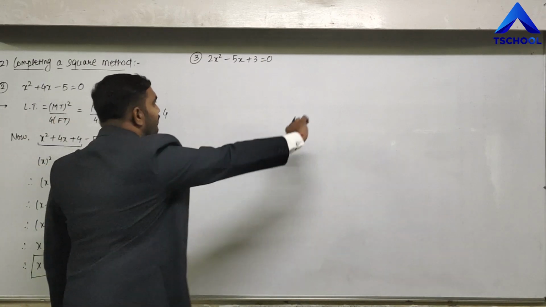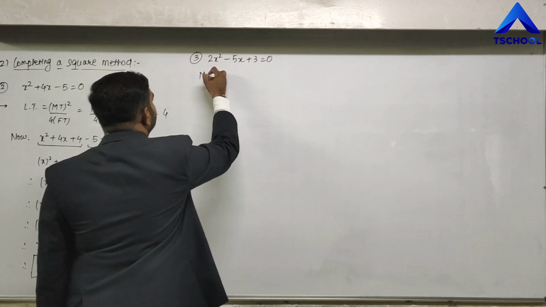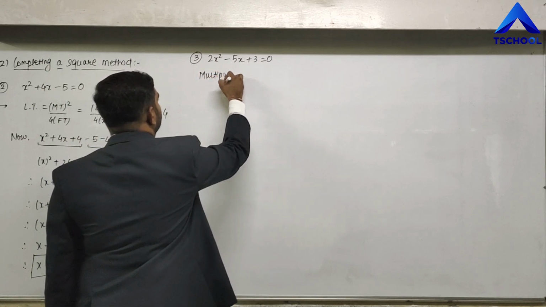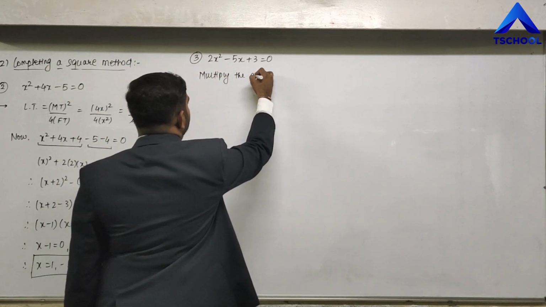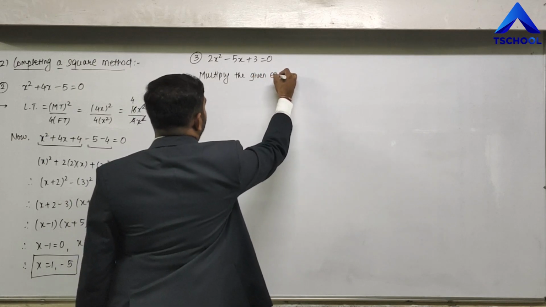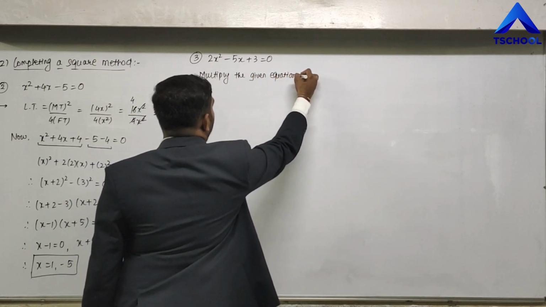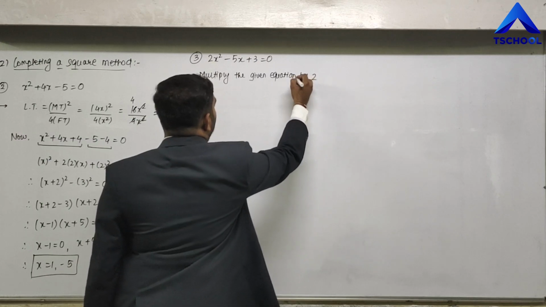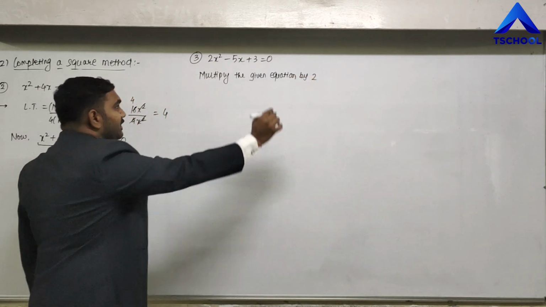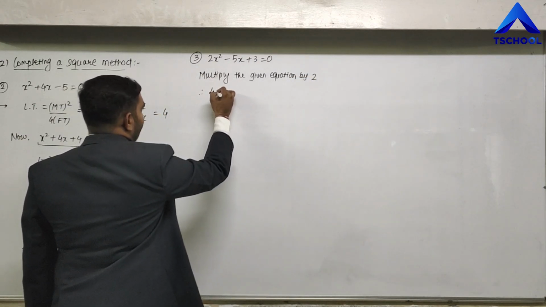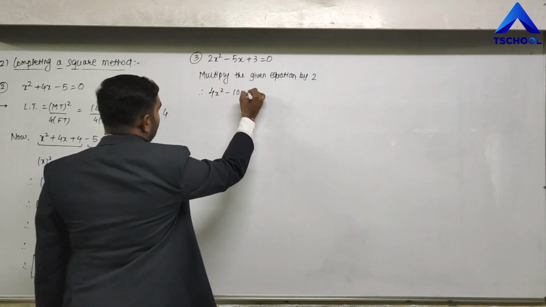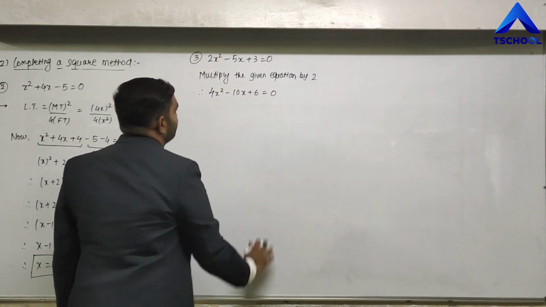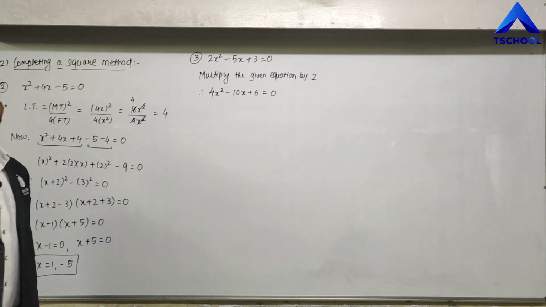So what we are going to do is multiply the given equation by 2, right? Therefore we get it as 4x square minus 10x plus 6 equal to 0.